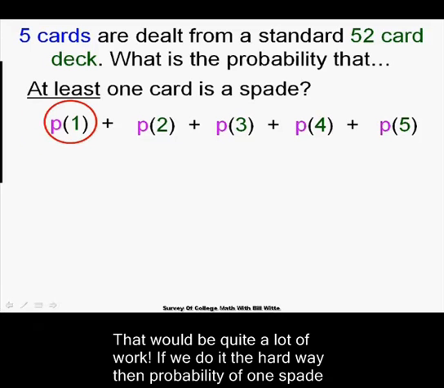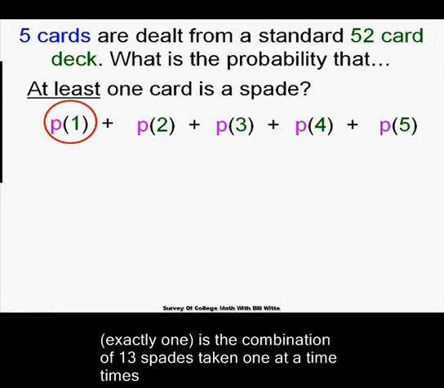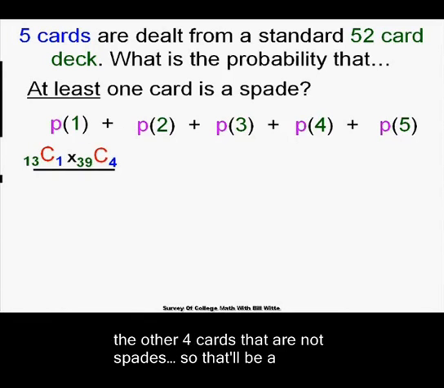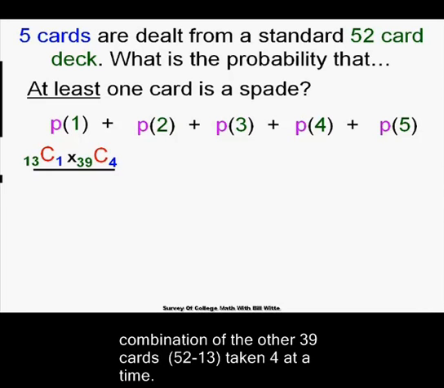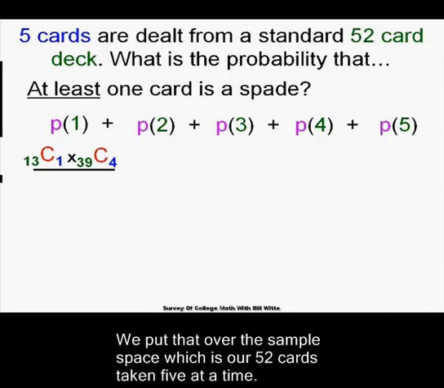The probability of exactly 1 spade is a combination of 13 spades taken one at a time, times the other 4 cards that are not spades. So that'll be a combination of the other 39 cards, that's 52 minus 13, taken 4 at a time, over the sample space, which is our 52 cards taken 5 at a time.